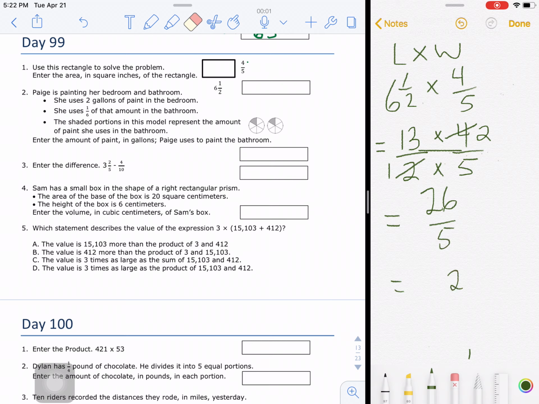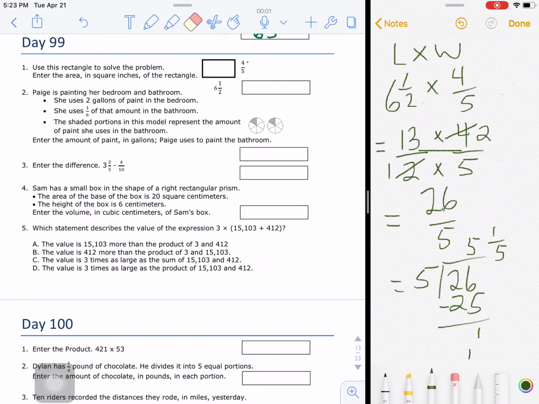And if we were to convert that back into a mixed number, 5 goes into 26 5 times, with a remainder of 1, which I will write as 1/5.